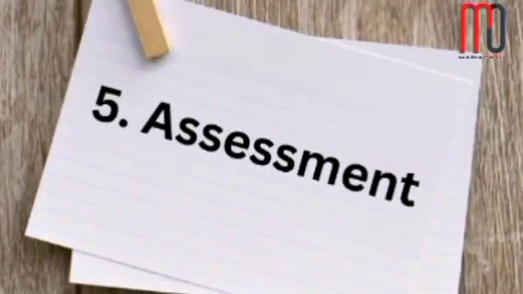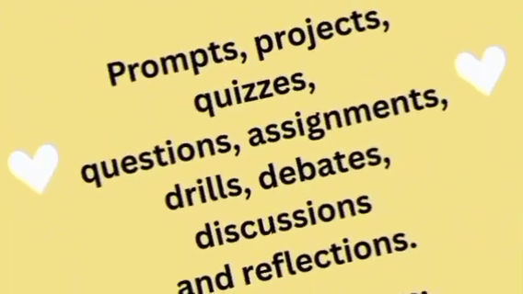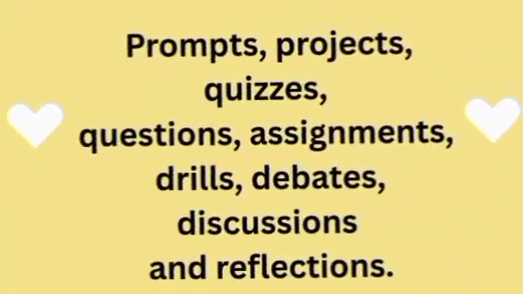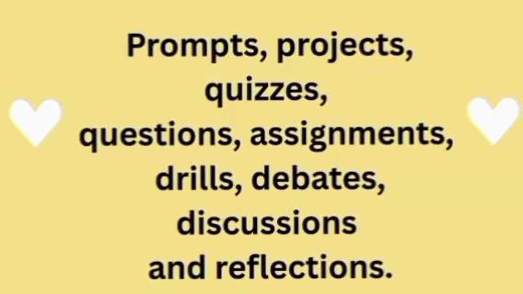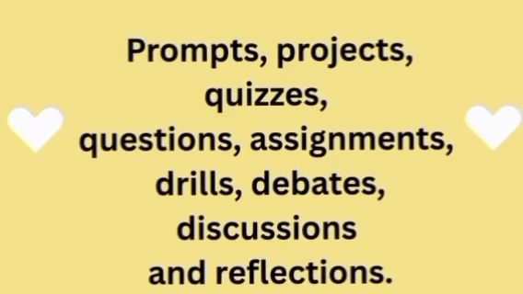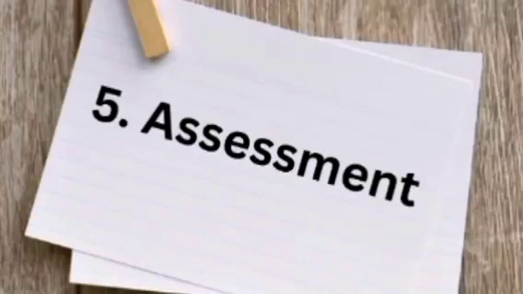A master teacher will drop one piece of information and check to see that people are with him or her, right? So you have to constantly check. You use prompts, you ask questions, you use assignments, drills, quizzes, debates, discussions, projects, reflections to check for feedback.